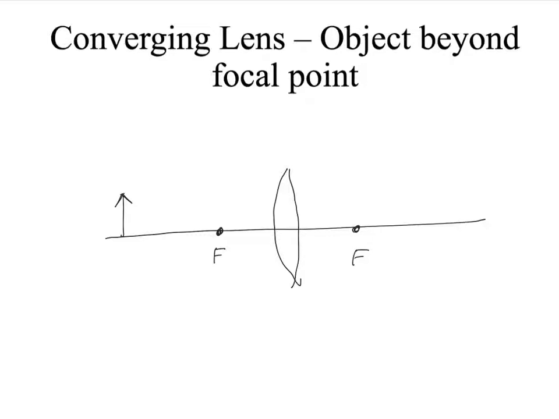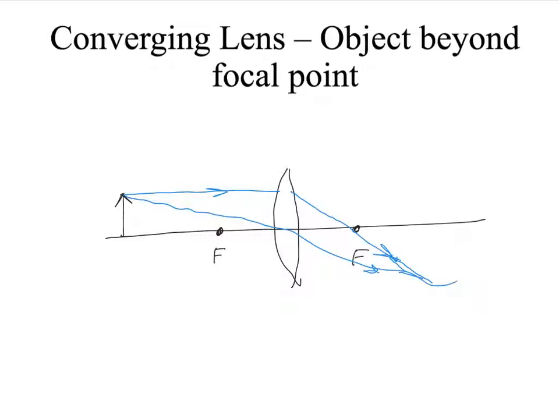So the first light ray that I'm going to do is going to come in parallel to the principal axis, and then when it goes through the lens, it will pass through the focal point. The second ray is going to just go right through the middle of the lens and then is undeflected.